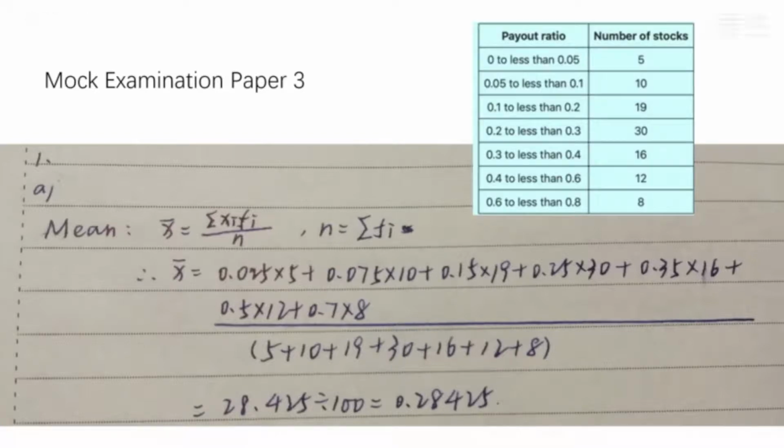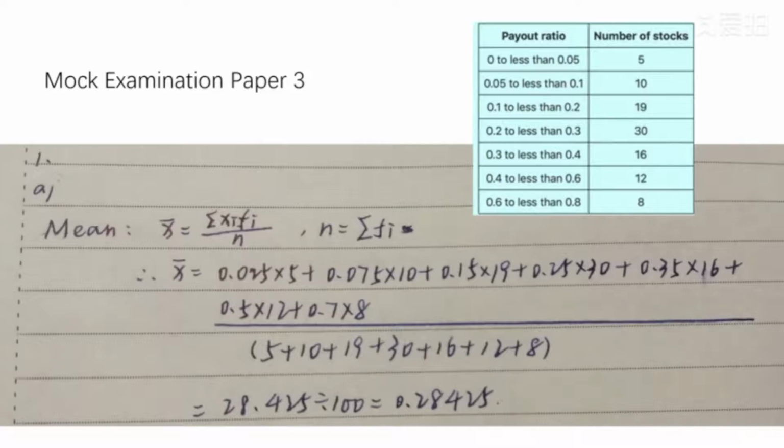Let's take the first group as an example. The class mark of the first group can be calculated by adding together the upper class boundary and the lower class boundary, which is 0 plus 0.05, divided by 2, and it turns out to be 0.025 as the class mark.